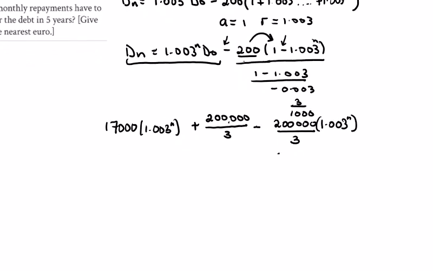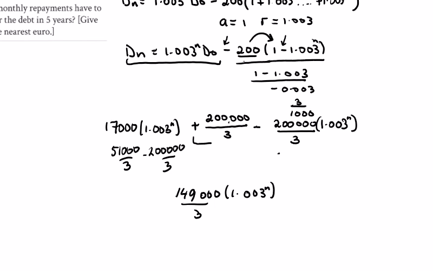This is 66,666 and 2/3, so this is bigger, so we have 51,000 over 3 minus 200,000 over 3, which is 149,000 over 3 times 1.003 to the power of n, and I'll put the positive number in front, 200,000 over 3, and it's going to be minus that. So this is our Dn expression that we're asked for, and then we're asked to solve for a few different things.